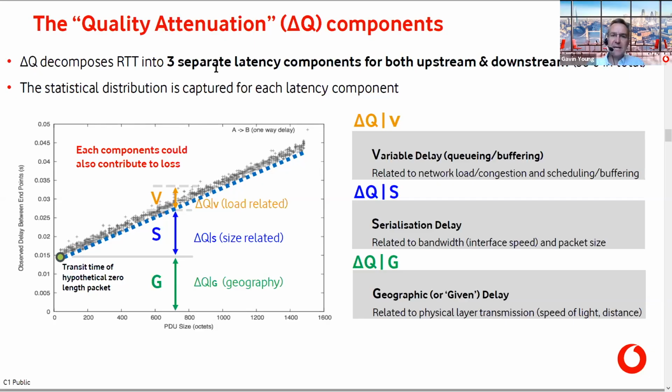If you want to improve that component of the latency, that's where things like using caches or CDNs to move content closer to the customer to reduce that geographic distance, or things like MEC, which is multi-access edge compute, moving the compute power from a remote cloud data center to perhaps an edge cloud, closer to the customer, will reduce that G component in performance.